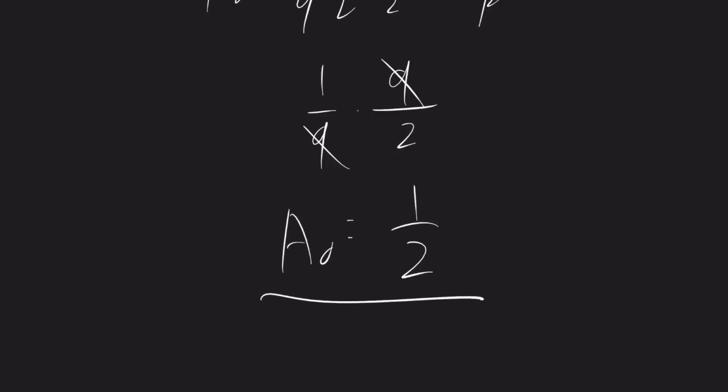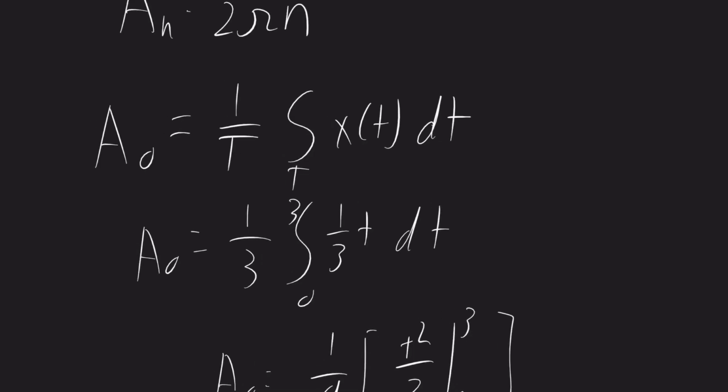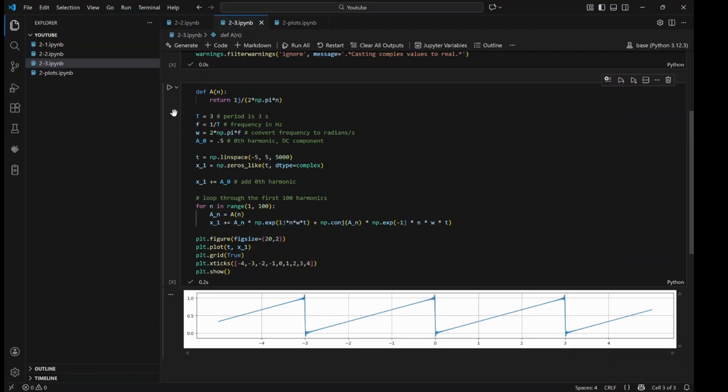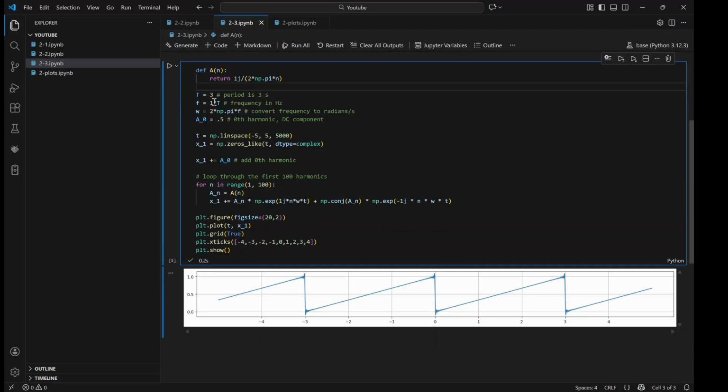So now that we have the zeroth harmonic, and we also have an equation to calculate the coefficients for any given harmonic number, we can verify that we have the correct equation by using Python. In Python, I've created a function that returns the coefficient value for any given harmonic number using the equation found in the previous step.